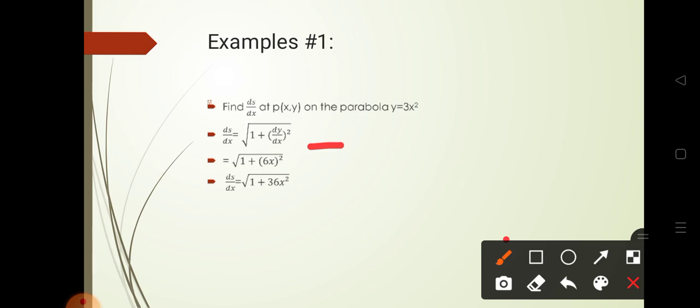You can put in the value, so we have the square root of 1 plus (6x) to the power of 2, so ds over dx is equal to the square root of 1 plus 36x squared, because 6 times 6 is equal to 36. So ds over dx is equal to the square root of 1 plus 36x squared.